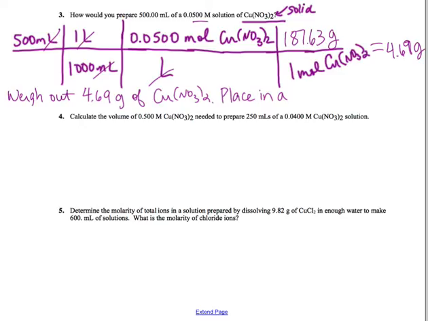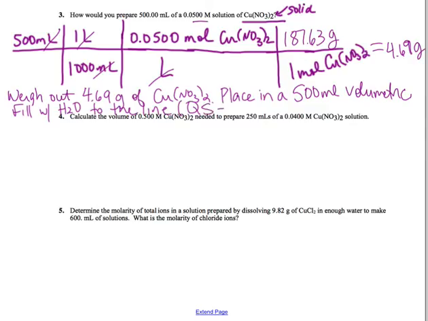How big of a flask? A 500 mil volumetric. Then what do we do? Add water, fill with water to the line.